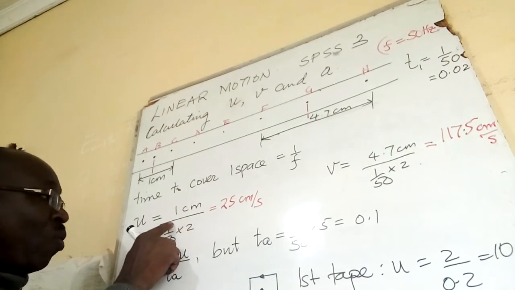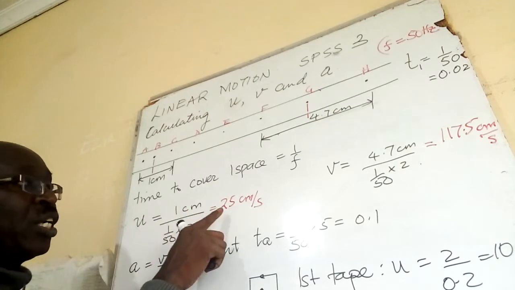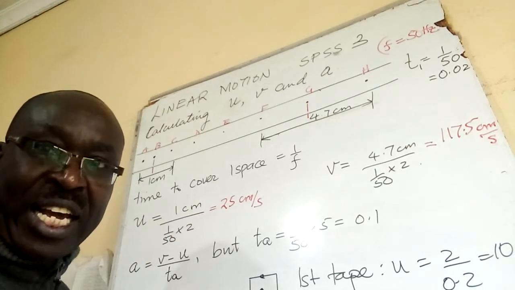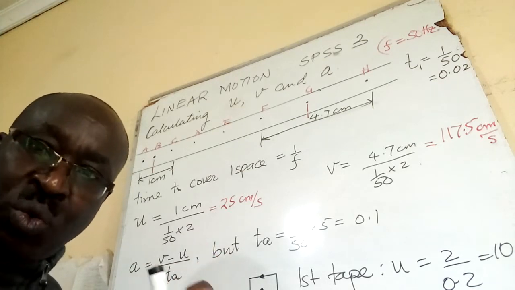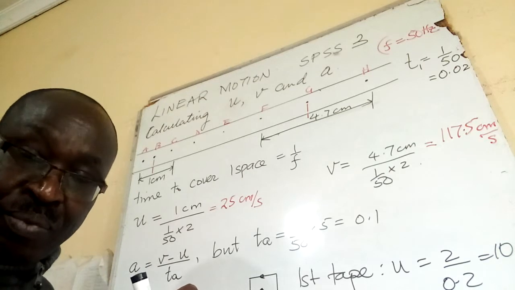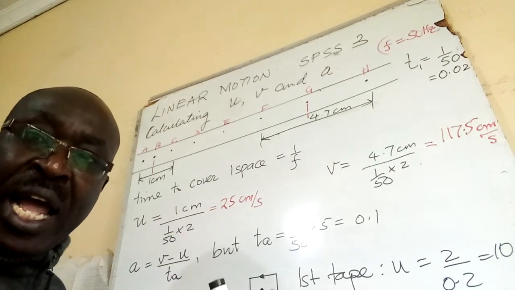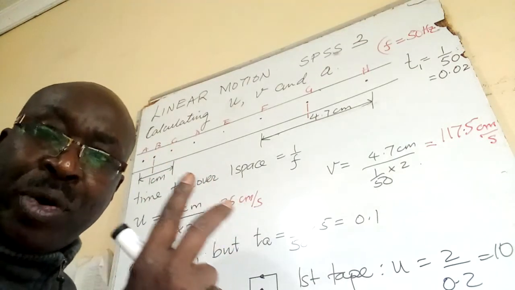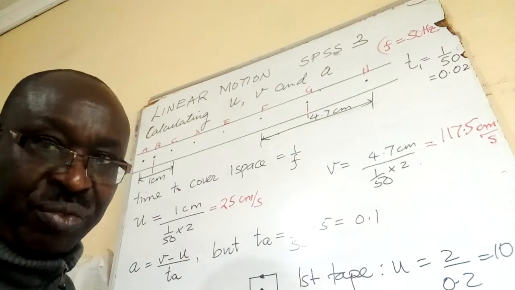So I multiply 1/50 times 2. When you compute this, you get 25 centimeter per second. This figure 25 is what we call speed. It is a figure. Velocity is made up of two components, the same figure and direction.